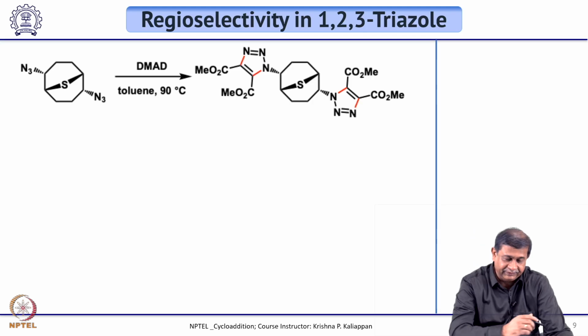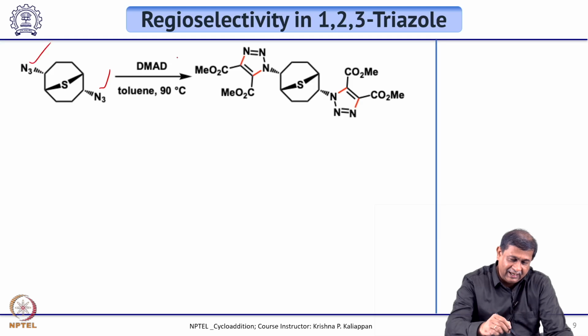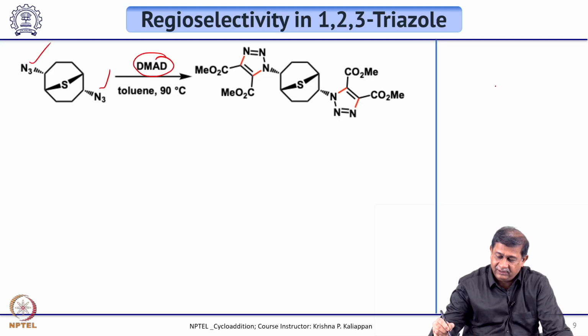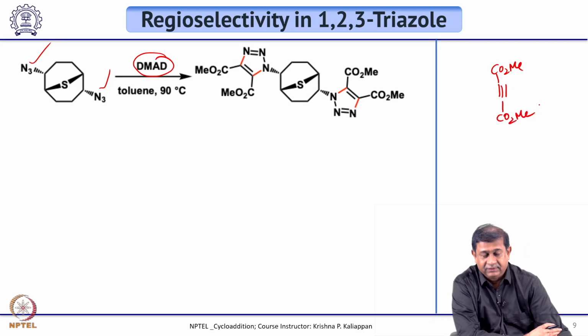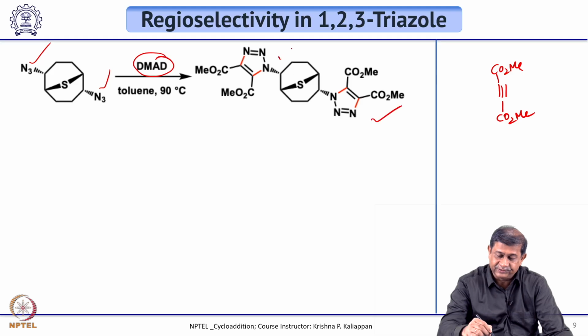See, for example, if you take this bis azide and treat it with dimethyl acetylene dicarboxylate, which we have discussed a lot in the Diels-Alder reaction, this can undergo reaction spontaneously when you heat it to form the bis triazoles.